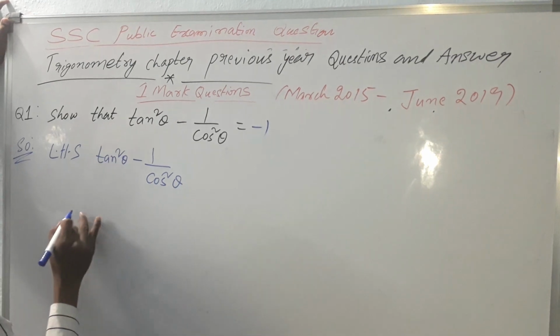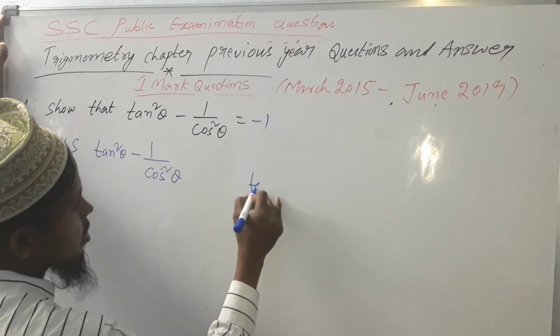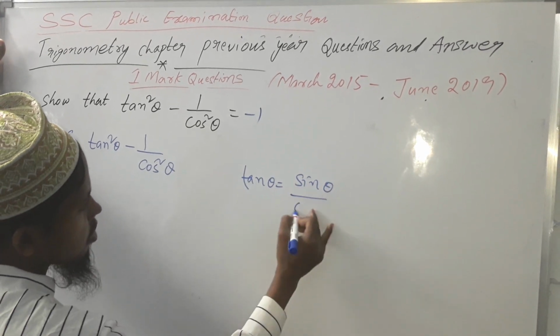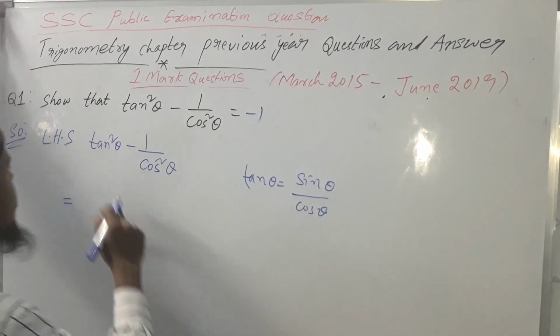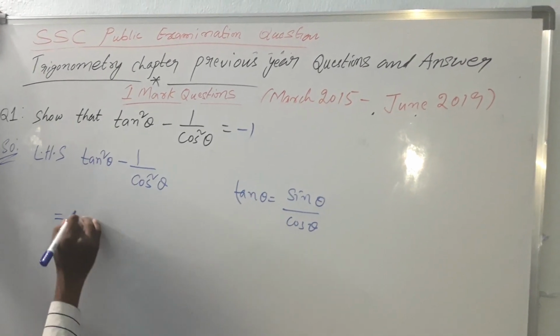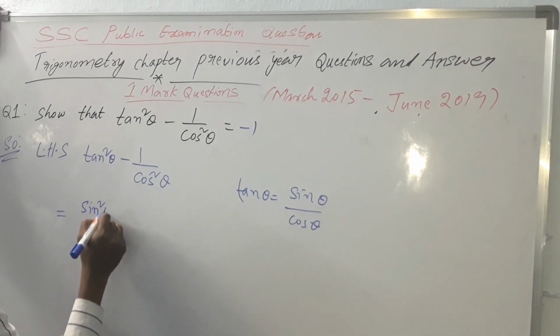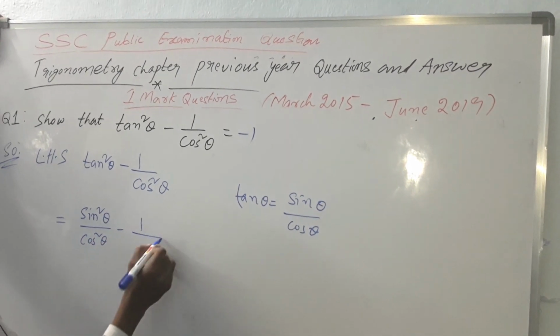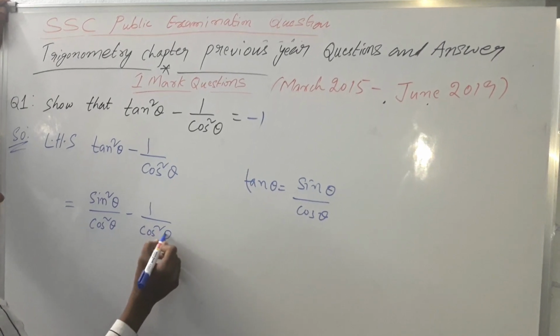In place of tan theta, we know that tan theta is equal to sin theta by cos theta. You have to substitute sin theta by cos theta in place of tan theta, so sin square theta by cos square theta minus 1 by cos square theta.